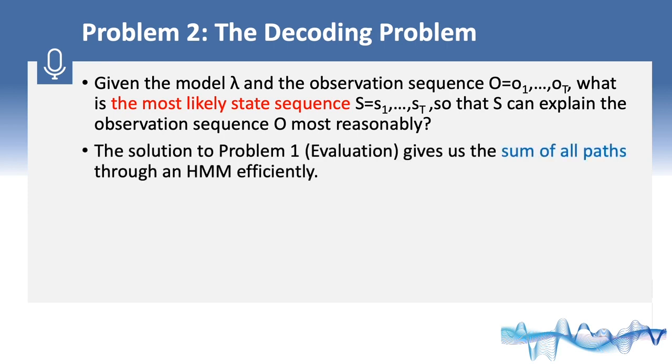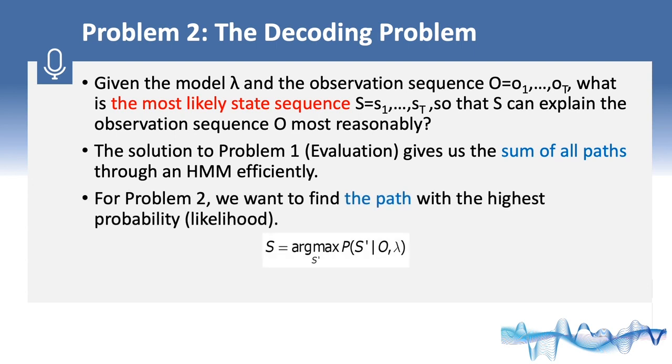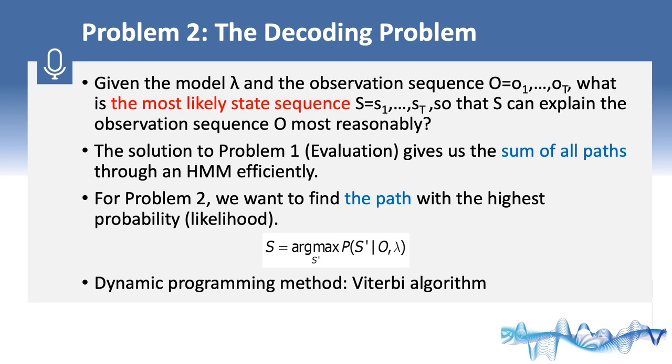The solution to problem 1, evaluation, gives us the sum of all paths through an HMM efficiently. For problem 2, we want to find the path with the highest probability likelihood. A technique for finding this state sequence exists based on dynamic programming methods and is called the Viterbi algorithm.